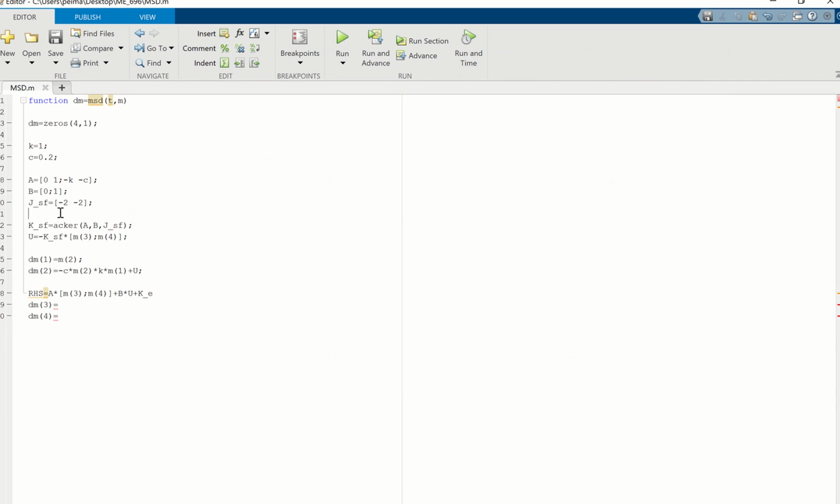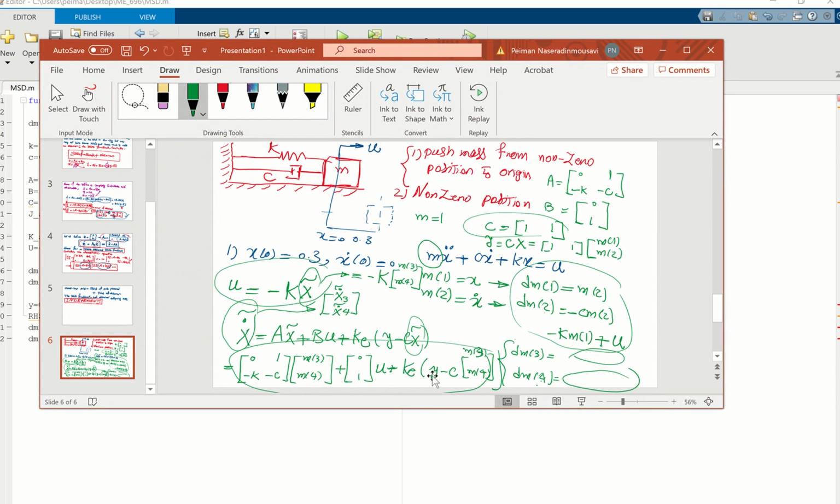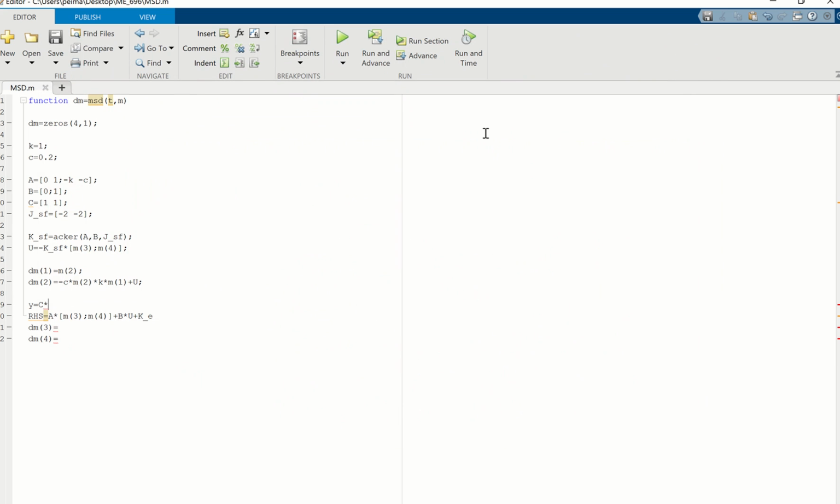Let me define Y here. Y is equal to, first you have to say your C. Suppose that I want to estimate both position and velocity. You can do whatever you want. Y is equal to C in the real one. Your Y first is the real one. This is the estimated one. So you're going to have C in M1 and M2.